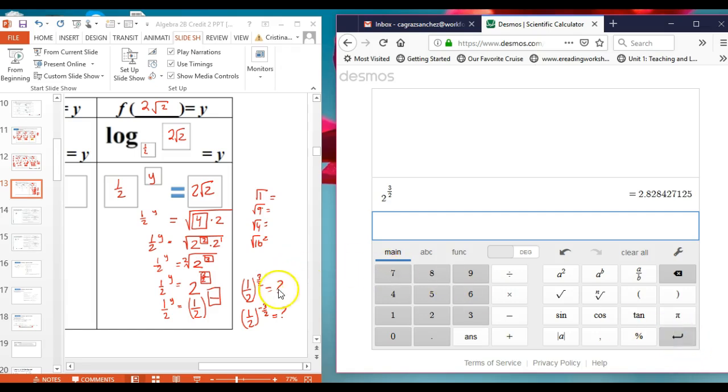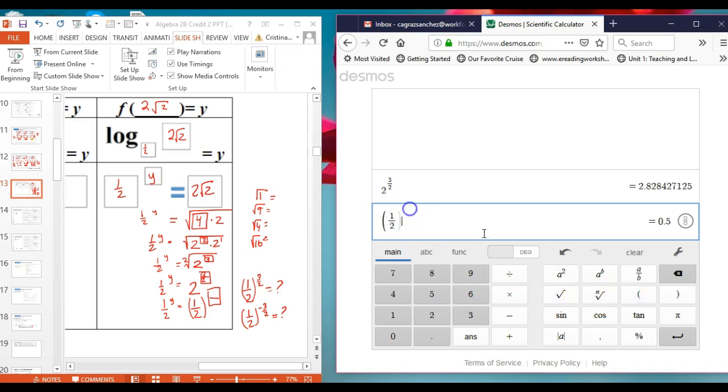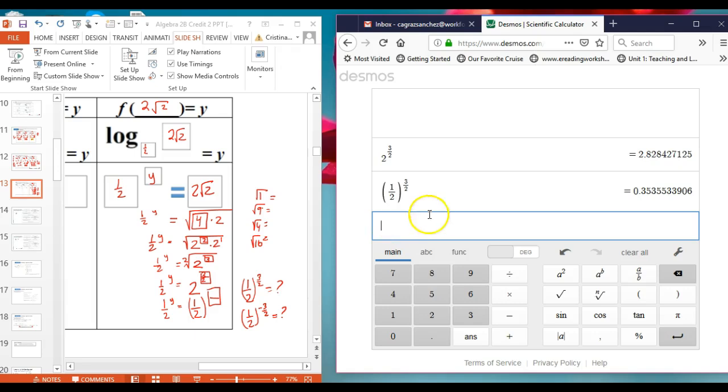So we're going to try out both of our guesses of 1/2. And again, I'm going to put this in parentheses. We're going to see if that's 1/2 to the 3/2. See if it's the same. Unfortunately, no, but I'm still going to keep it. So I could say I tried it.